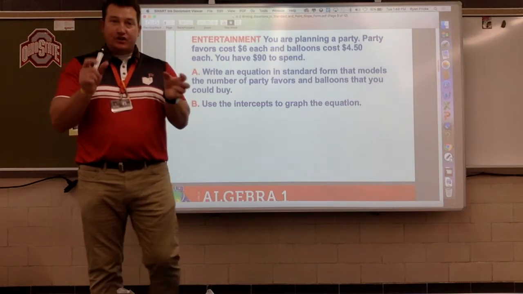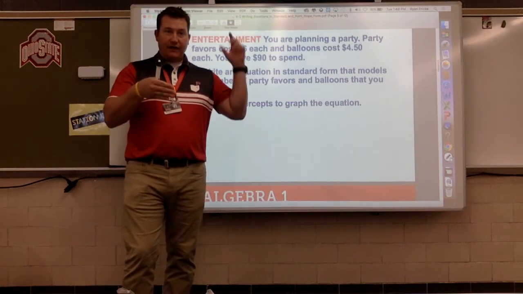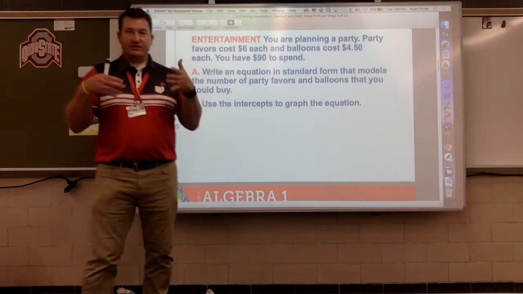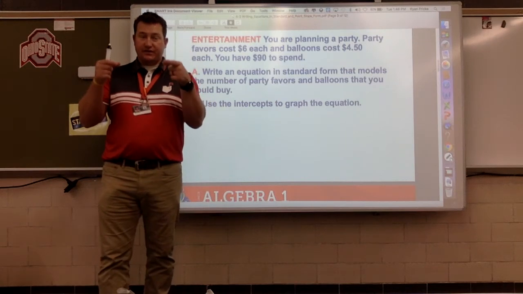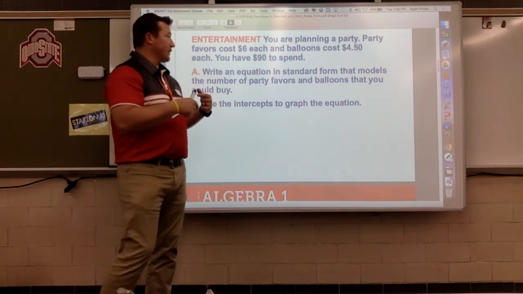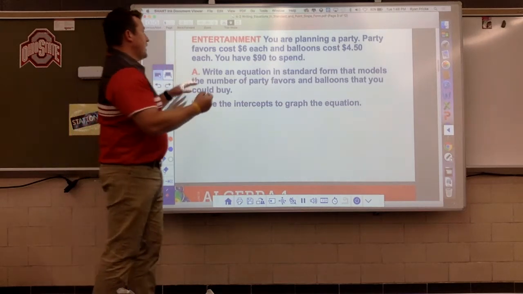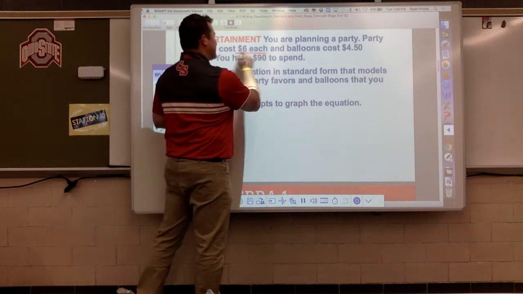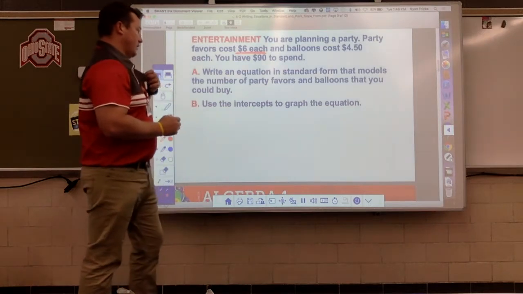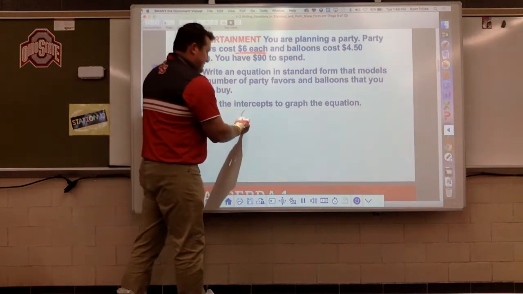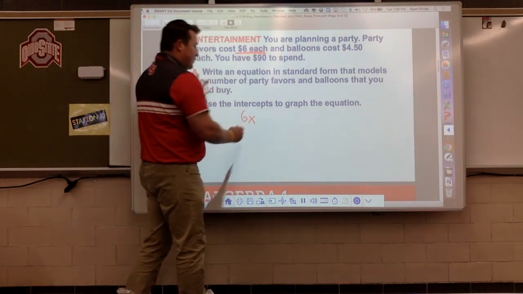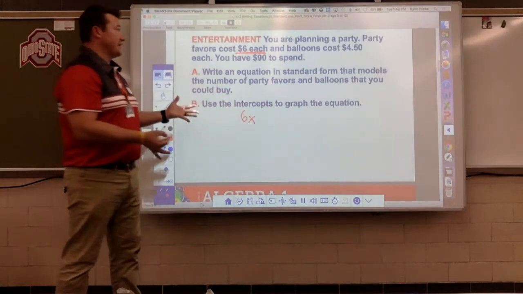So those are my two variables, right? Party favors, balloons, right? So standard form, our two variables are on the same side. And this is the way we're going to write this equation, right? I don't know how many of each I bought, but I know party favors are $6 a piece, okay? So I'm going to say, hey, $6 times some amount of party favors is how much I spent.